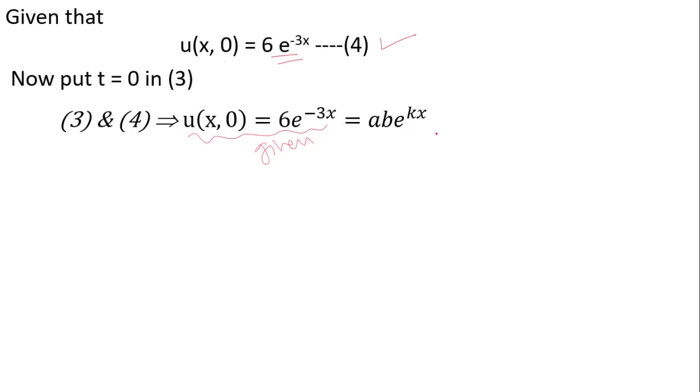And by equation 3, this is ab into e to the power kx as t is equal to 0. So now you compare these two.